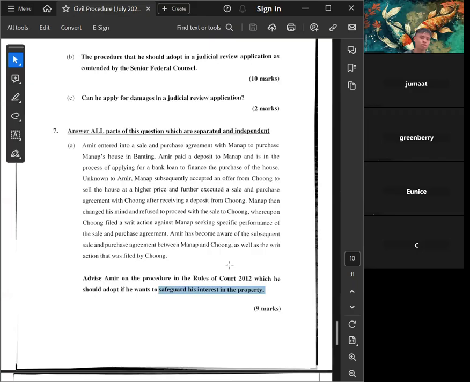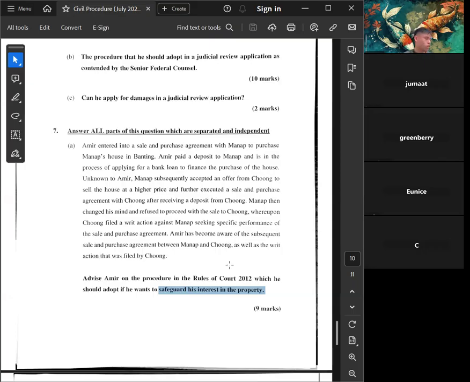Intervener usually we say when B and C are suing each other in the court already, and A, who is unknown to both, wants to be like a stranger in the action. Now he wants to know how the case goes and what the outcomes are after the civil action. This is how an intervener proceeding comes about.